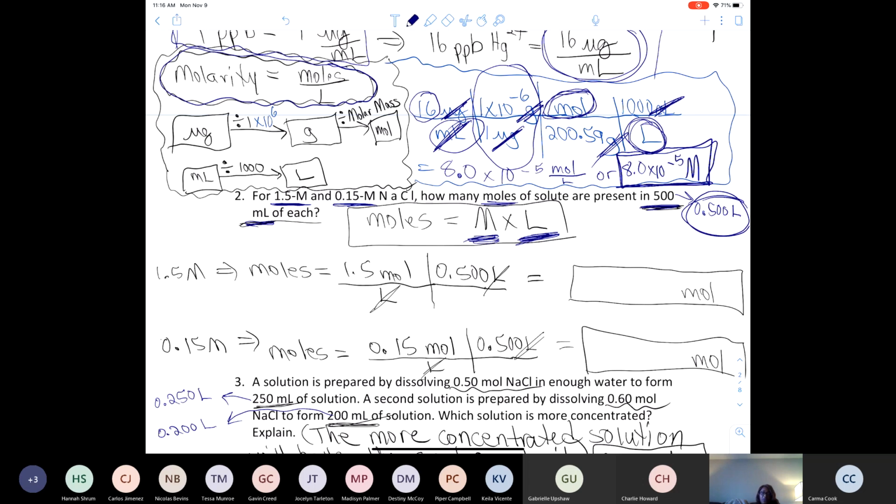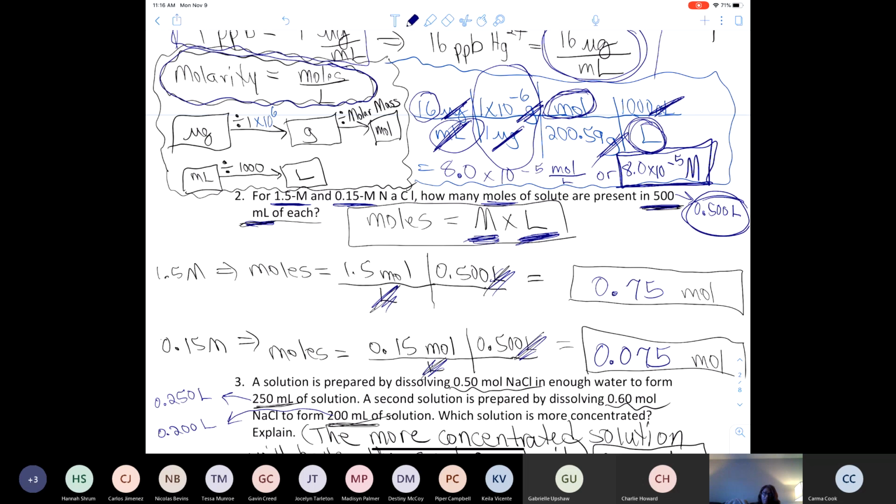So for the first solution, the moles is going to be 1.5 times 0.5, which gives us 0.75 moles. And then the second one would be 0.075 moles. In each case, the liters cancel.